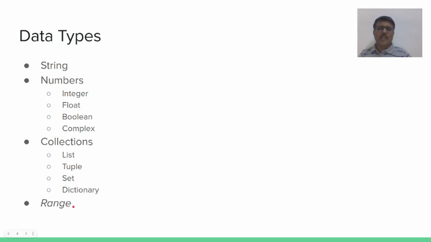We will see it with an example so that we'll be able to understand that. Okay. But in this module, we'll be predominantly learning about strings and numbers, so that you'll have a basic idea about that. And in the next module, we will learn about the collections and range, okay.